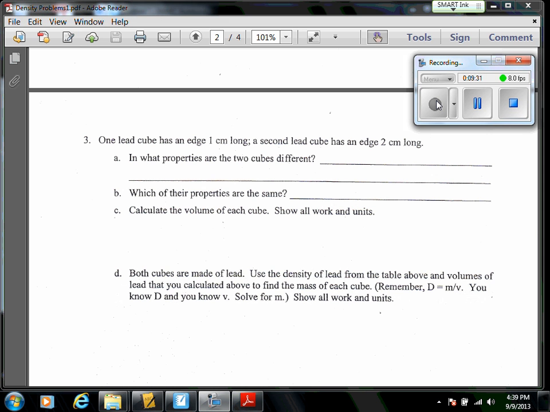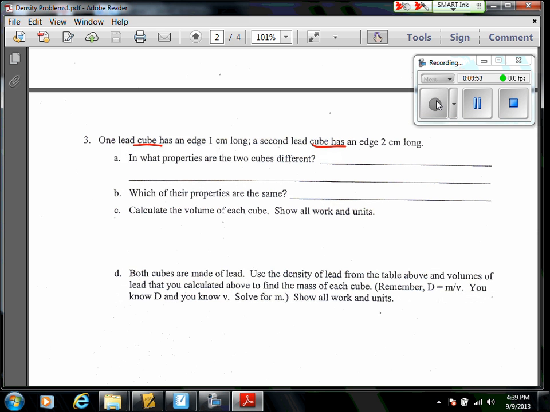Okay, if we turn the page and look at the next problem, it says one lead cube has an edge 1 centimeter long. A second lead cube has an edge 2 centimeters long. So it's saying right here, guys, that it's a cube. A cube means it's the same length, width, and height.